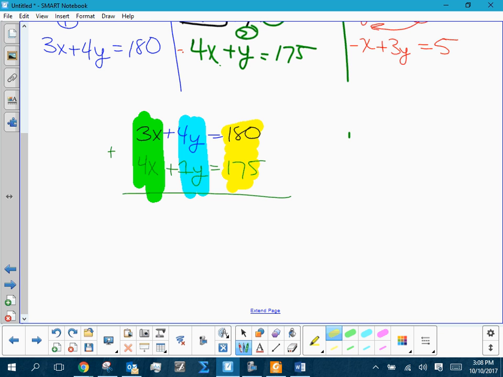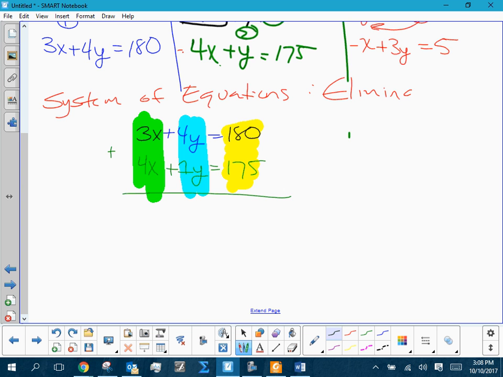Okay? If you guys remember from last year, this is referred to as a system of equations. And we're going to solve this using a technique called elimination. Okay? So that's the vocabulary that's going to be important. When I say, hey, here's a system, solve it using elimination, solve it using substitution. That's vocabulary from last year that's important to us.